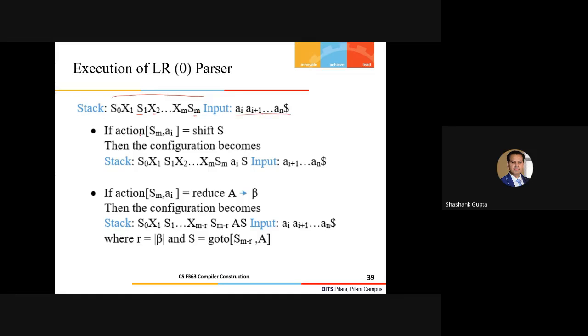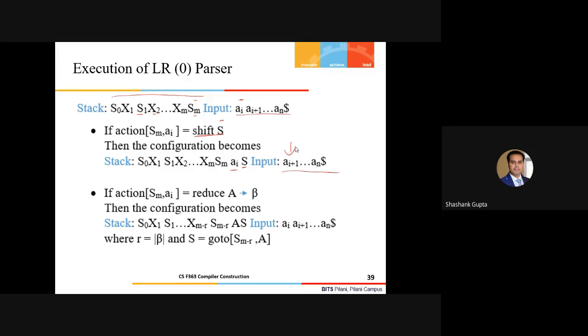So if the action of state SM on AI, because my top of the stack is now SM and this is my lookahead pointer AI, is shift S, then the configuration will become something like this. I'll push AI on the top of the stack and go to the state S, that means I'll push the state S onto the top of the stack. And the rest of the input will look like this, so my lookahead pointer will point to AI plus 1.